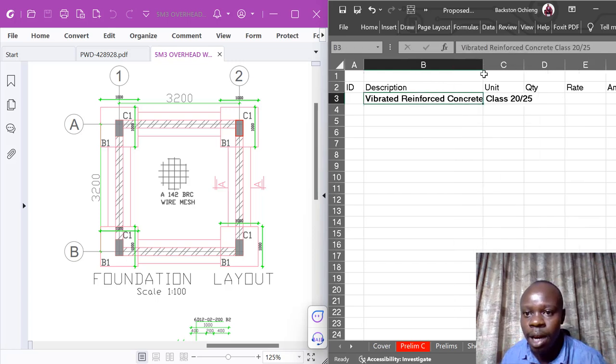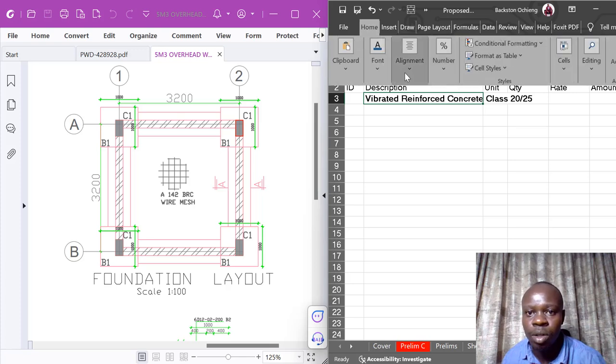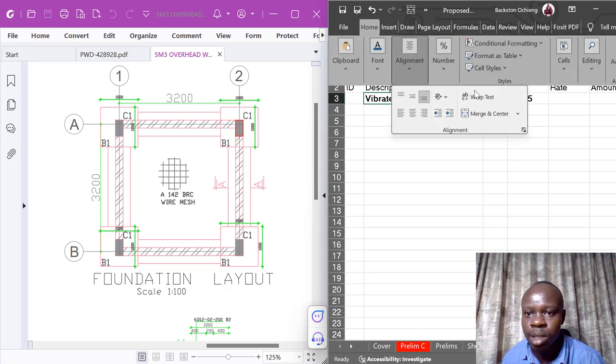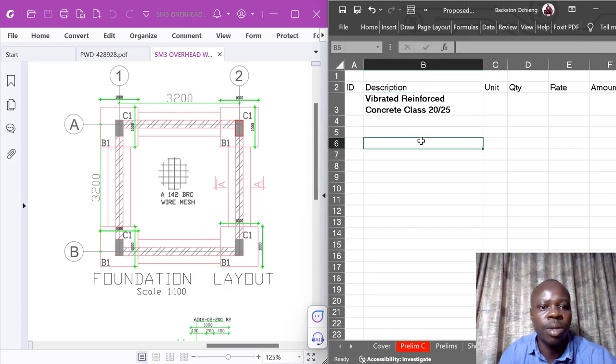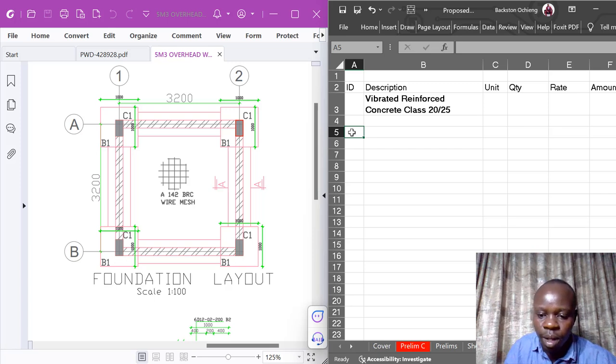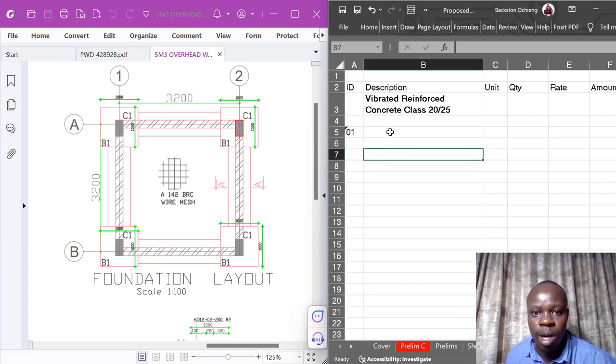And then the next is to get the quantities of those specific items. So let me just work out this one. The specific items we are dealing with now is number one, this should be 01.